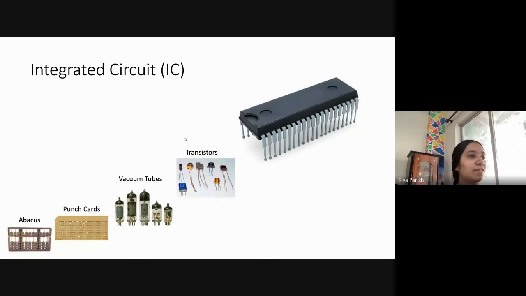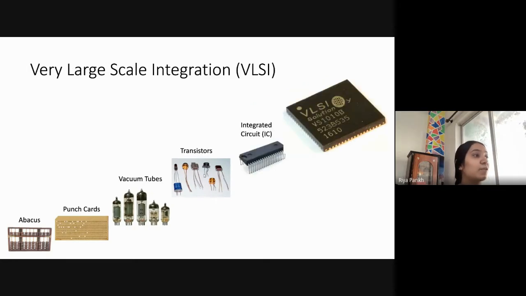And then we came to integrated circuits. We made those transistors smaller and smaller so that they could be easily compacted and fitted inside the integrated circuit. And then came very large scale integration. So we made it way smaller. And we are currently in this stage, increasing the number of transistors that we can fit in a small given area.